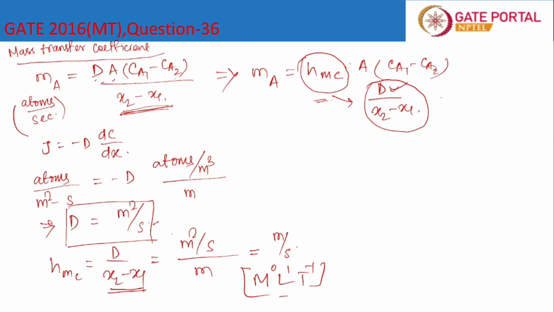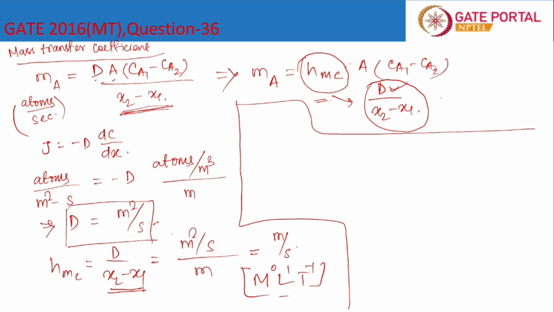Okay. So now let us consider viscosity. So I will write it here. Viscosity. So that is basically, we know tau is equal to mu du by dx.